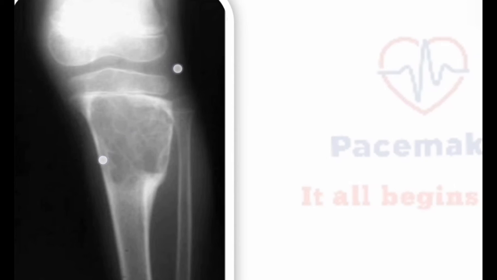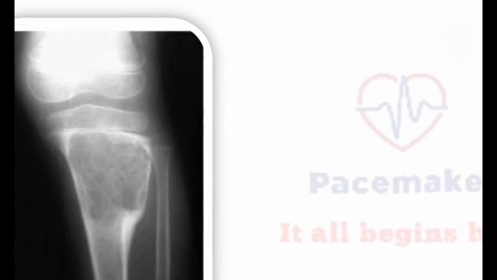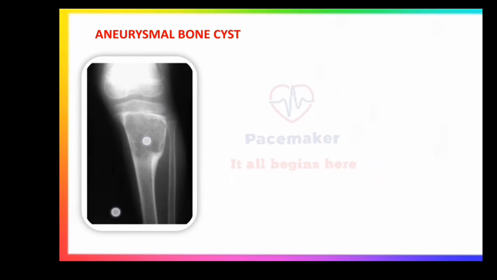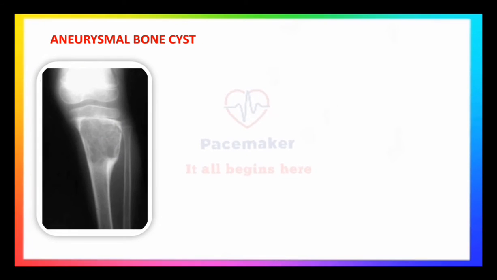See here one typical eye-striking finding, that the epiphysis is not fused with the metaphysis yet. That means this aneurysmal bone cyst presents to you before skeletal maturity, usually in the second decade of life.